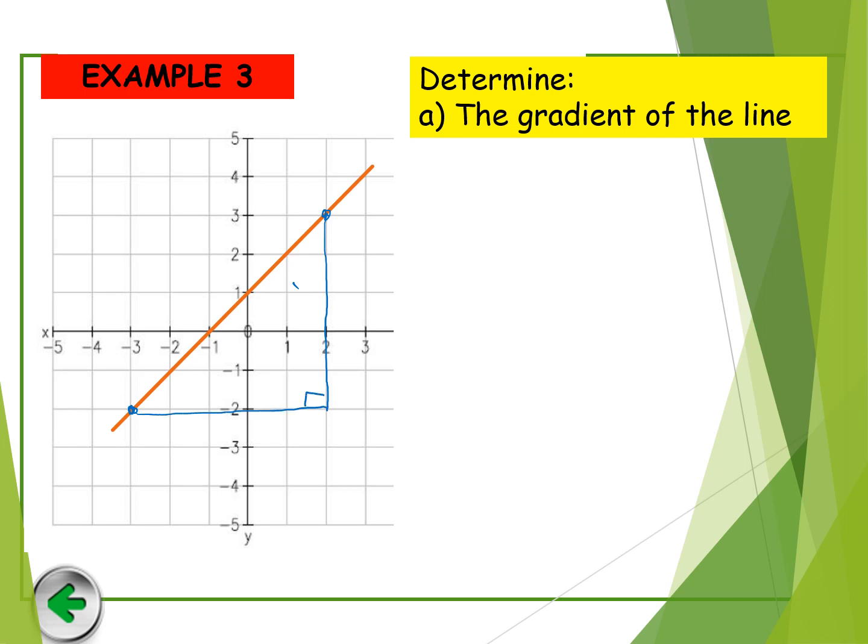We're going to count the squares: 1, 2, 3, 4, 5, 5 units. I'm going to do the same thing here: 1, 2, 3, 4, 5, 5 units. So this is the rise, and here is the run.